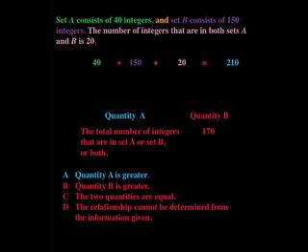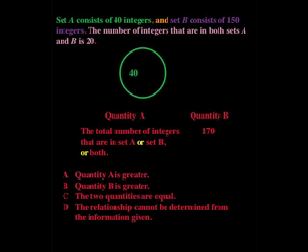Let's read more carefully. At the top it talks about set A and set B. In quantity A it says set A or set B. That little word changes everything because we have some overlap.